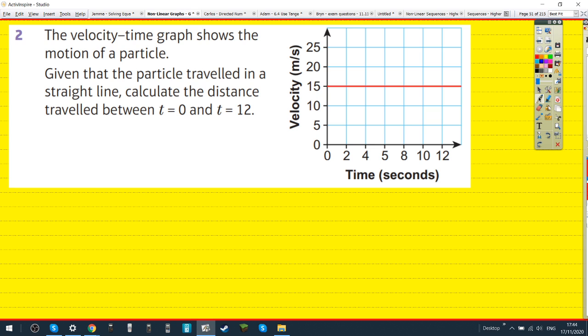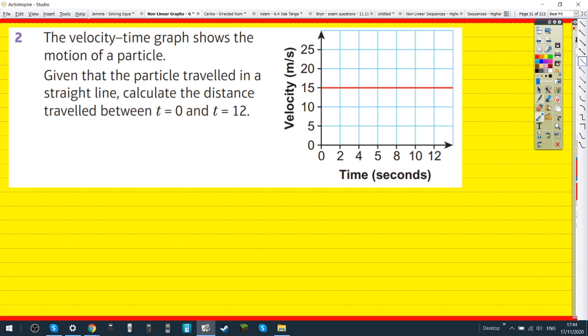Given that the particle traveled in a straight line, calculate the distance from t equals 0 and t equals 12.